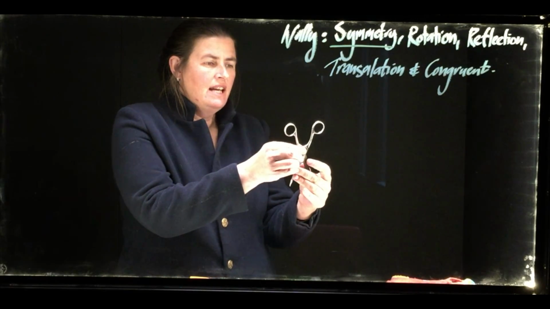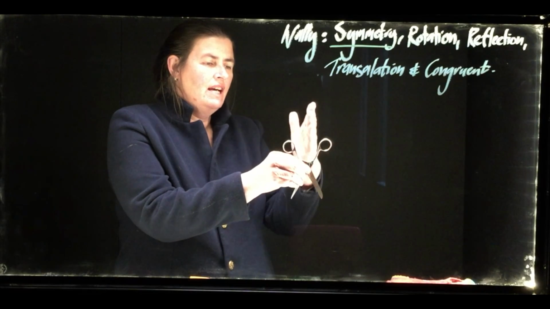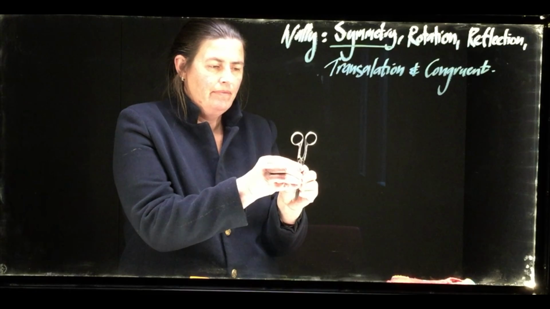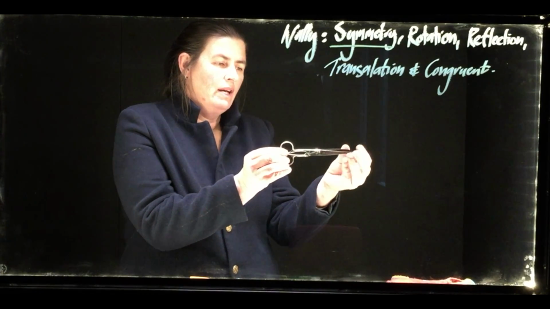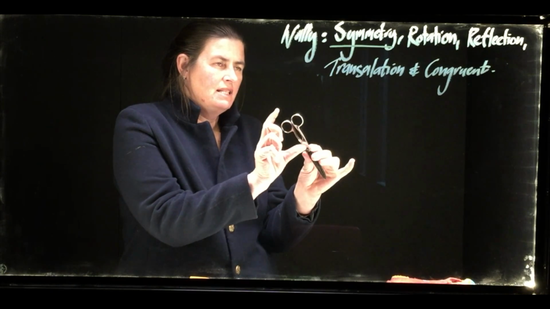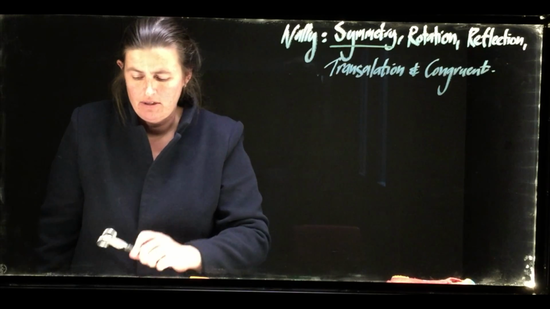This pair of scissors, however, has a perfect line of symmetry. If you were to cut right down the middle, it would have one line of symmetry, but it only has one. If we cut it down this way, this half is not going to look the same as this half. So this pair of scissors has one line of symmetry.